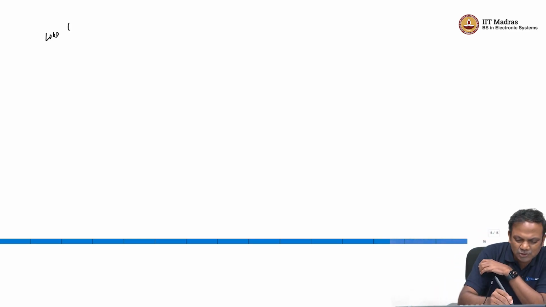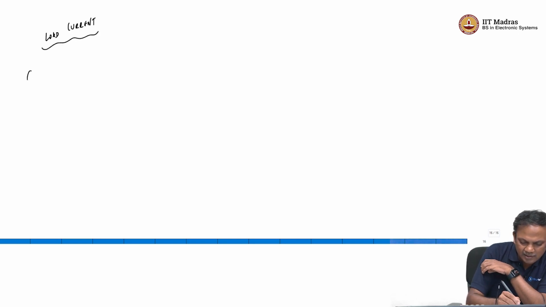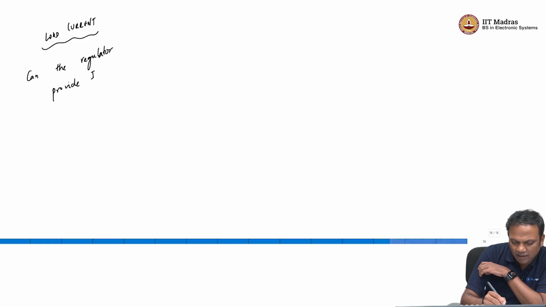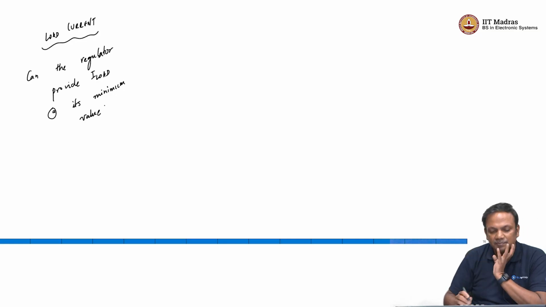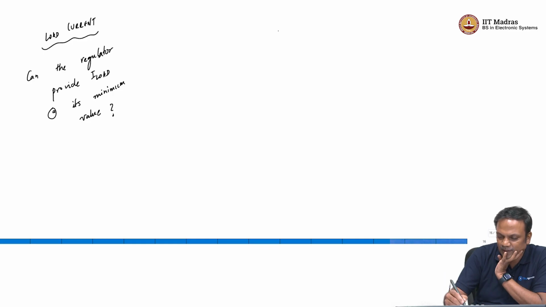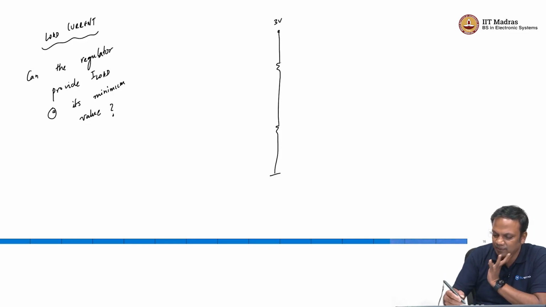So, we have to be sure: can the regulator provide I load at its minimum value, right. So, what is the minimum value? Let us say that my battery is 3 volt, because 3 is the minimum value.